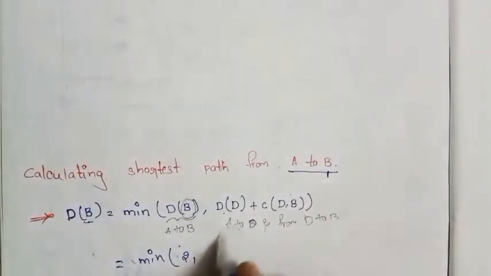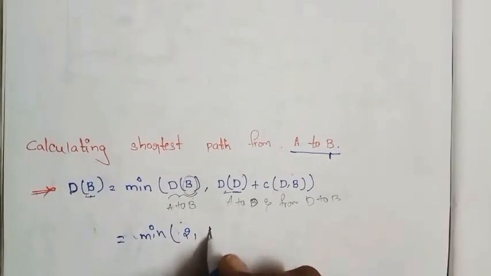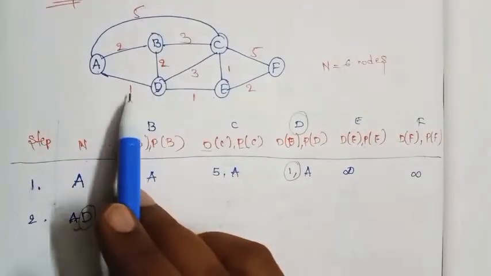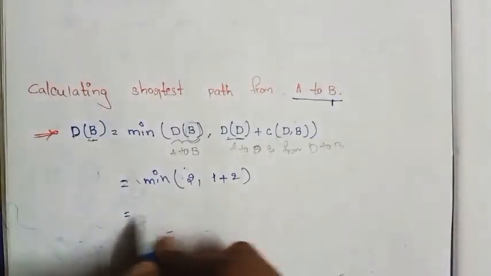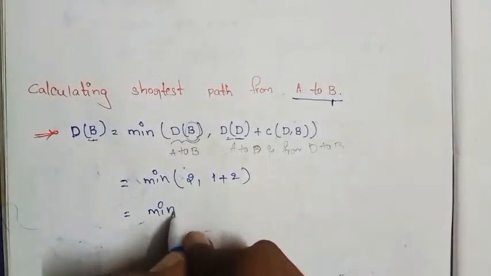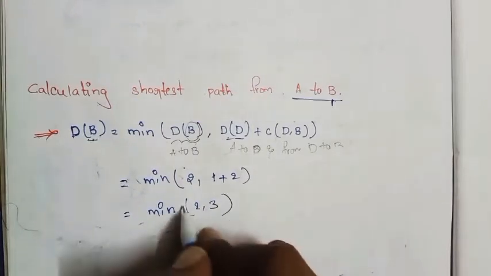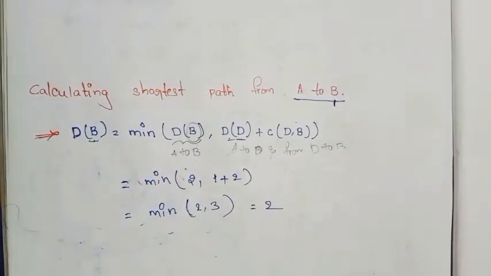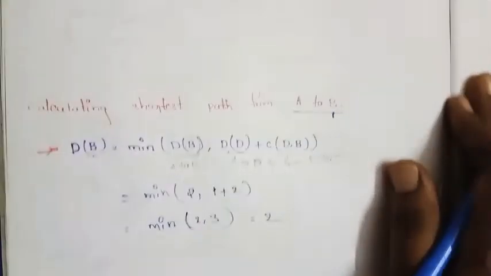First of all we write A to D means 1 and from D to B means 2. See, guys, A to D is 1 and D to B is 2. Just write that, minimum of 2 comma 3. And from this, what is the minimum value, guys? That is 2. Just write this 2 in the table.